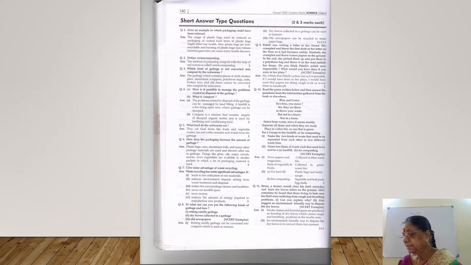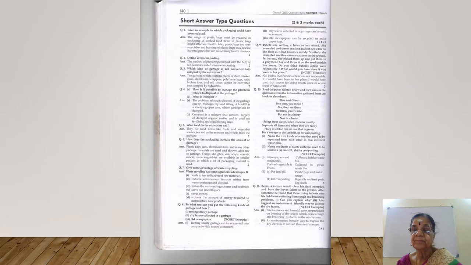Right? Give an example in which packaging could have been reduced. What can we say? The usage of plastic bags must be reduced, as packaging cooked food items in plastic bags will affect our health. Also, plastic bags are non-recyclable and burning of plastic may release harmful gases.